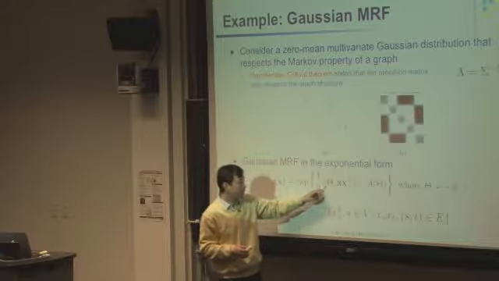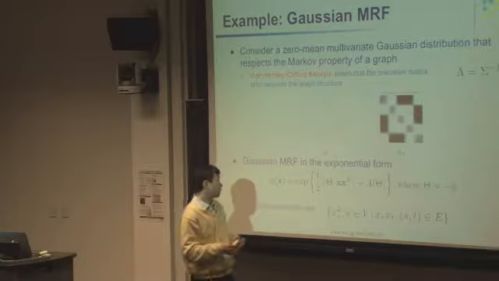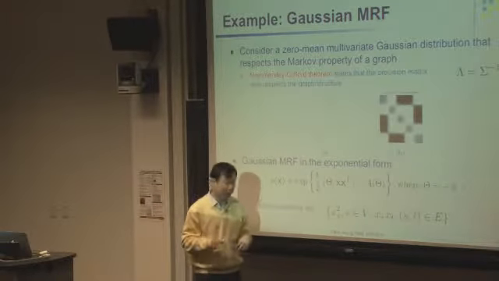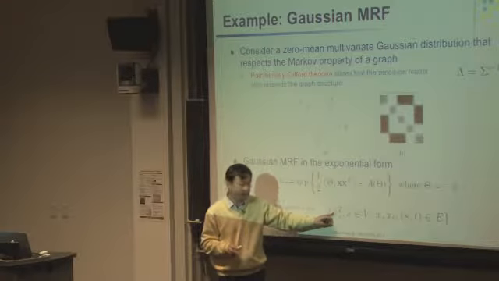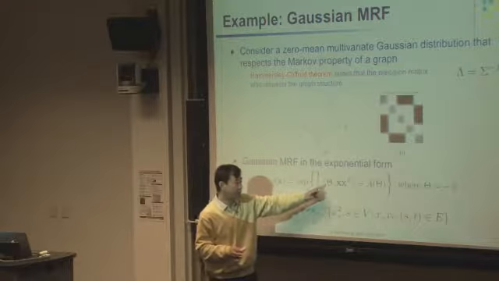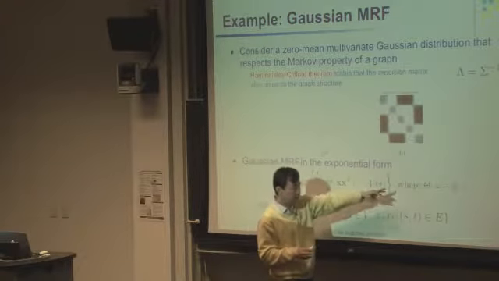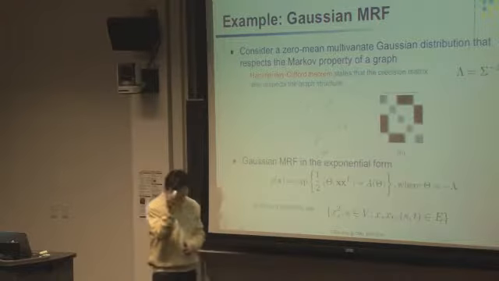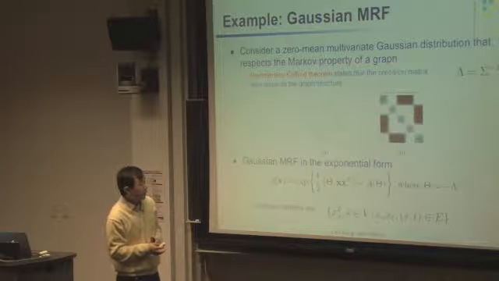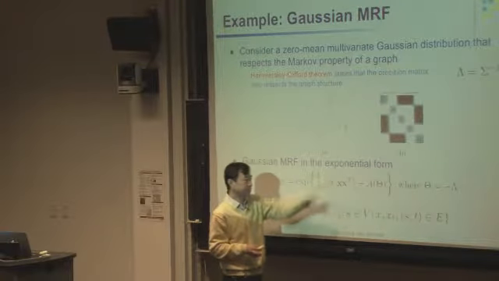And this one corresponds to two types of sufficient statistic. If you want to be very explicit, one is this singleton one, the other is a pairwise term, right? And this one, of course, corresponds to the entry in the precision matrix, right? And so you have the natural parameterization plus the sufficient statistic.